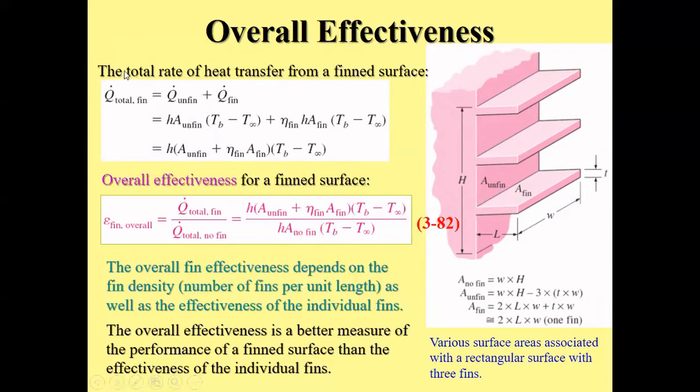So how do we do this? First, we find the total rate of heat transfer from a fin surface. This is equal to the Q from the surface that has no fin plus the Q from the surface that has fins, or from the fin.